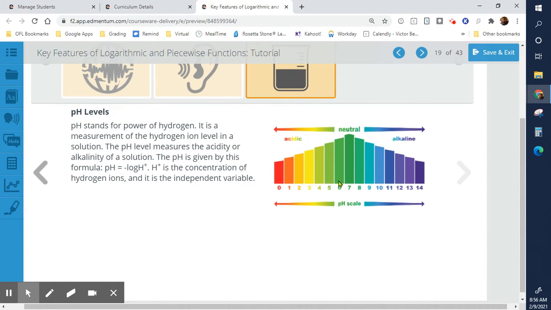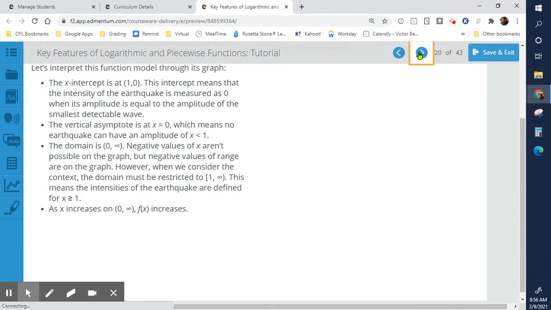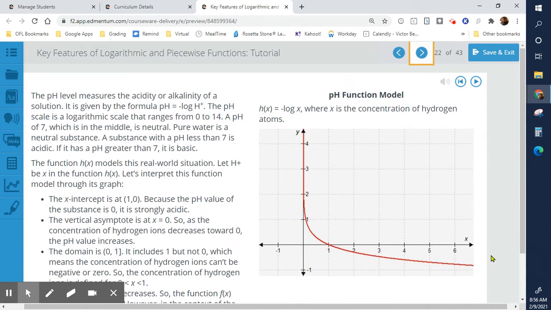So they do the opposite because if you have more hydrogen ions, it's more acidic. By putting the negative in there, we're measuring the inverse of the hydrogen. So if it's a small number, it actually means there's a lot of hydrogen in there. A larger number means the opposite. So that negative allows us to graph this. But because there's a negative, we end up having to flip our graph here.